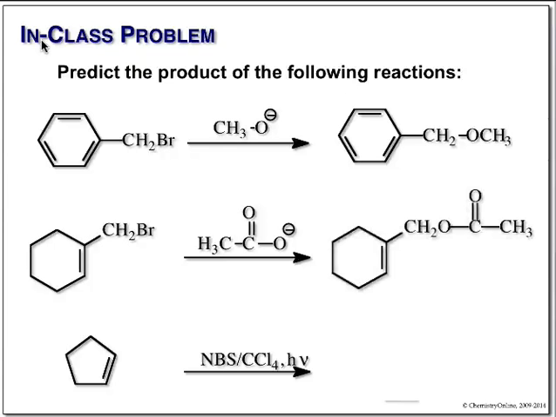Speaking of allylic carbons, N-bromosuccinimide in carbon tetrachloride, shine a light on it. H nu means light. We know we're going to form an allylic radical. Allylic radicals are very stable. The allylic positions here are the carbons adjacent to our double bond.